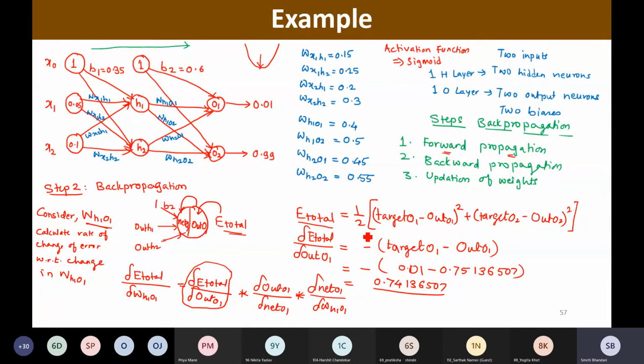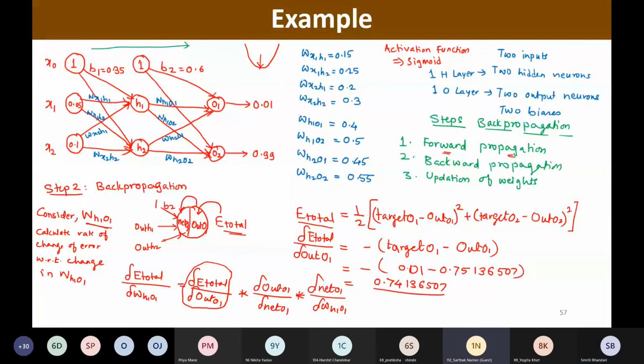So simply what we have done is compute the partial derivative of this term. We are not going into the mathematics. The partial derivative of this term comes out to be this. By substituting the values, we have got this figure.